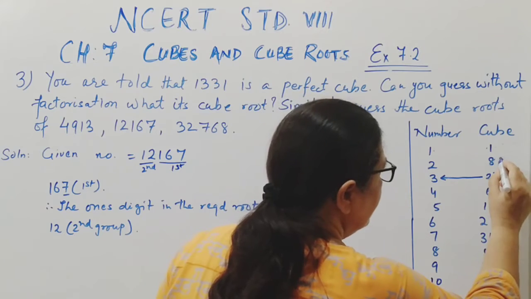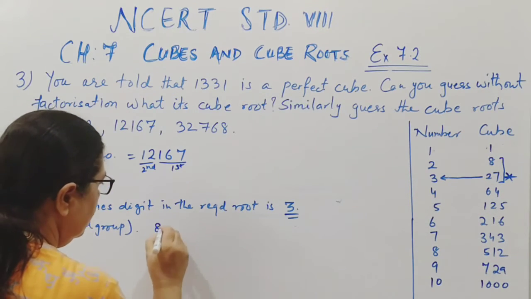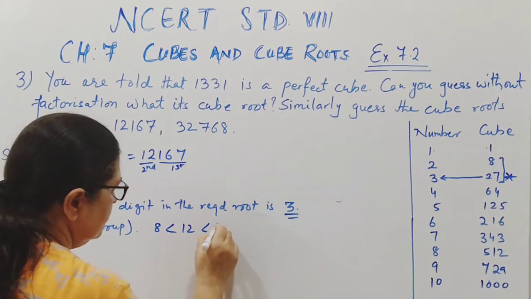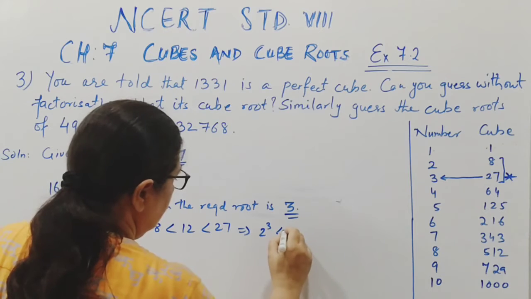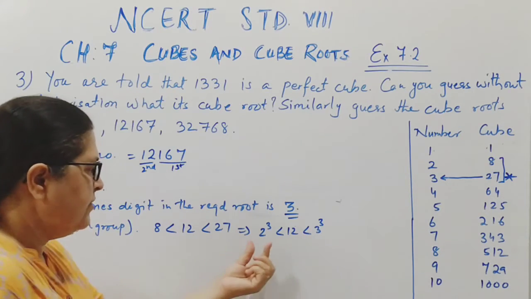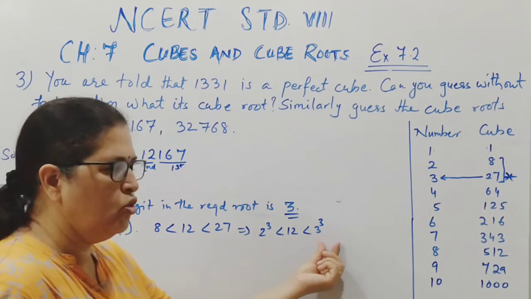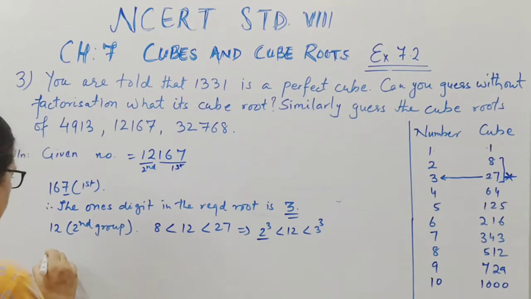It lies somewhere here between 8 and 27. Therefore, it lies between the cube of 2 and cube of 3. We will take the smaller number.